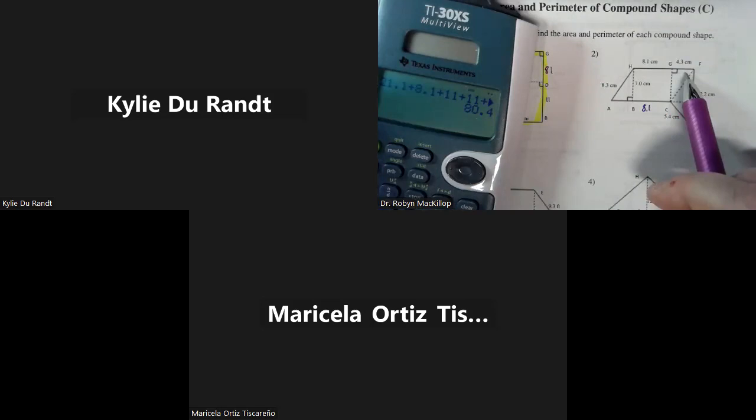Here, the bottom of this triangle, see how it's upside down? 4.3. Actually, that's just that piece. We don't care that it's a triangle. This side from top to bottom is 12.2. We've got the angle here, 5.4.